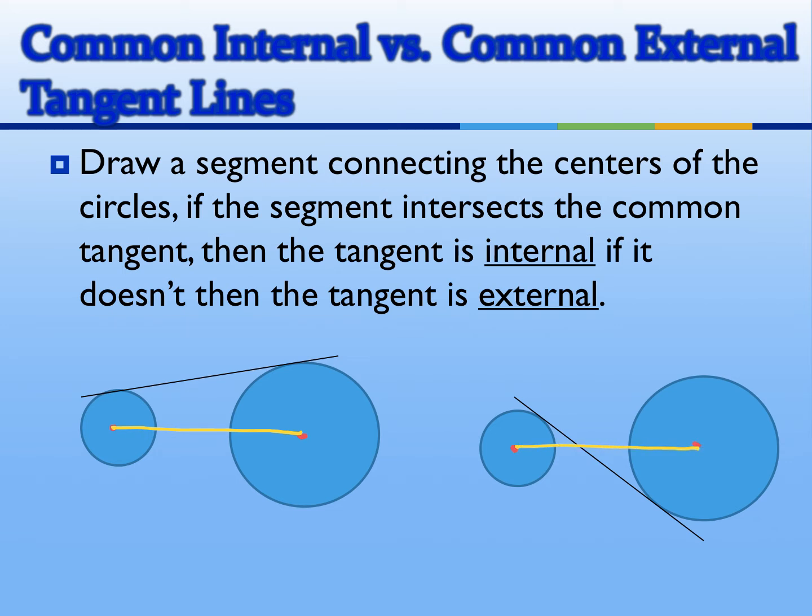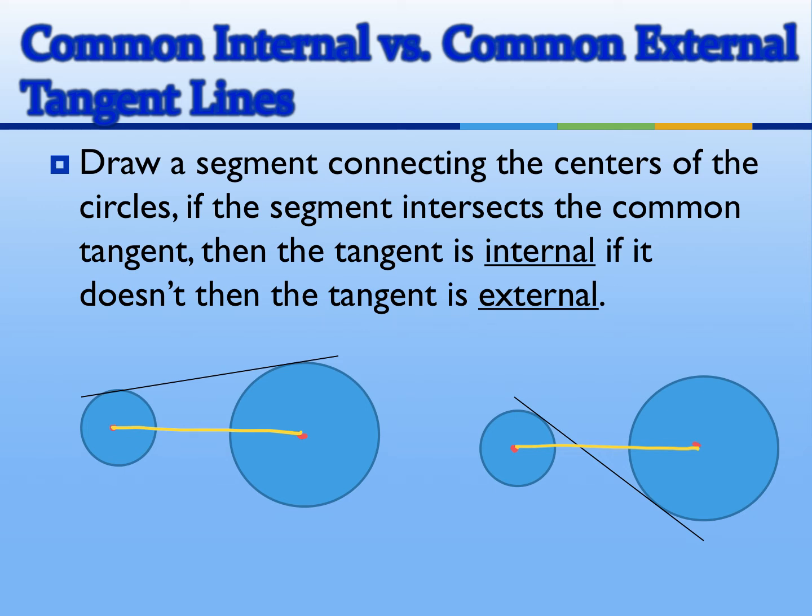Now, once we draw in the common tangent lines, if the tangent line touches or intersects this yellow line, then it's considered an internal tangent. If it does not intersect the yellow line, then it would be a common external tangent.